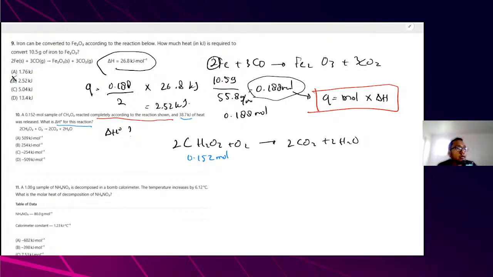Now the key concept is still the same. ΔH is per 2 mole CH2O2, so we need to divide this one by 2 again: 0.152 divided by 2 is 0.076. Let me think first.